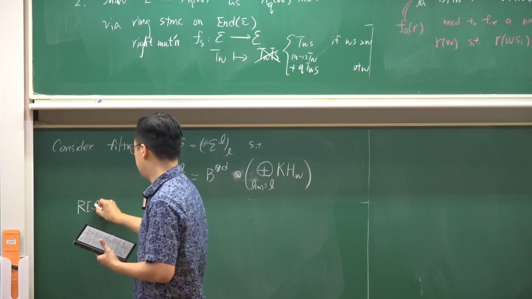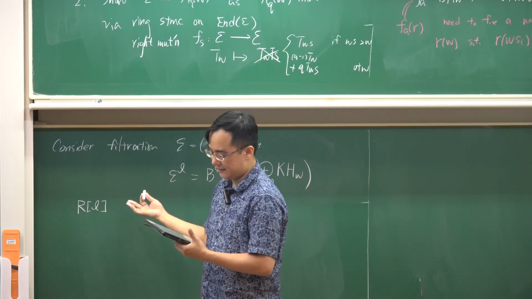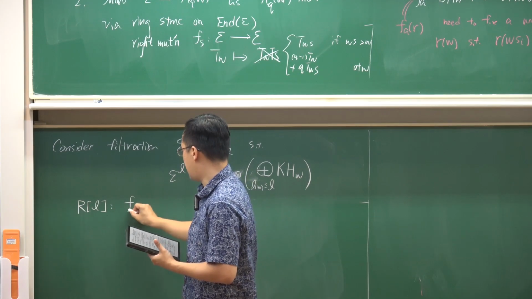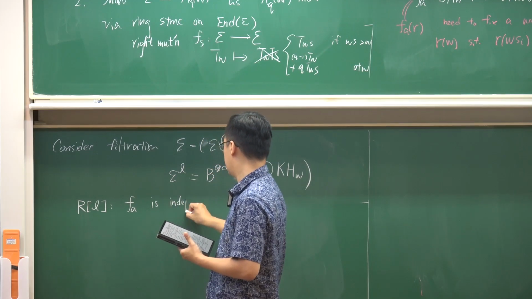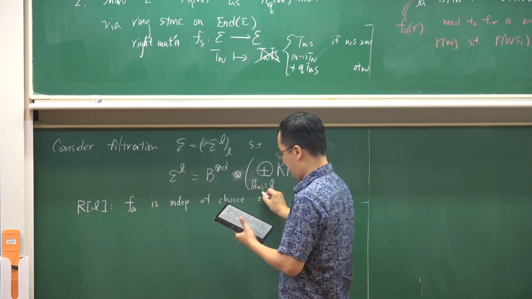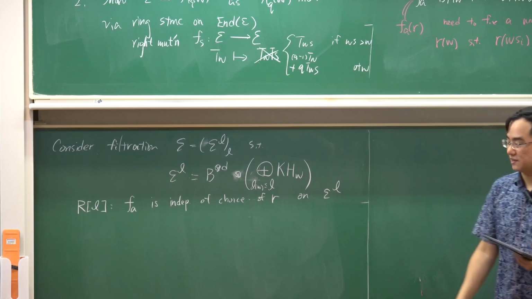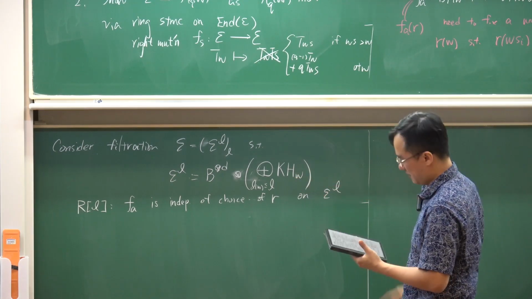So this is the target statement. R(L) means F_a is independent of the choice of R on the L-th filtration. So you start with L equals 0, and then you want to prove by induction that this holds.